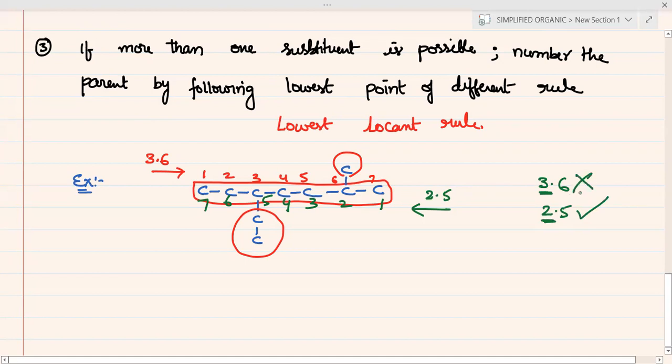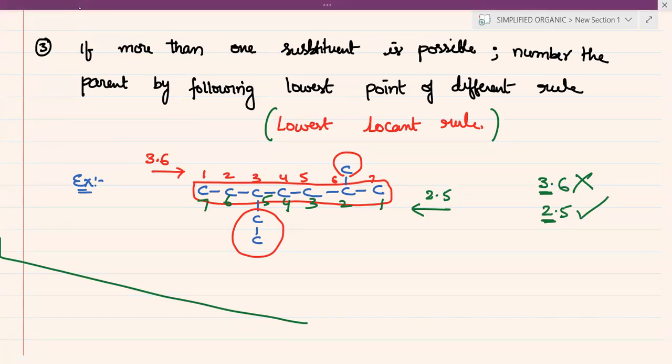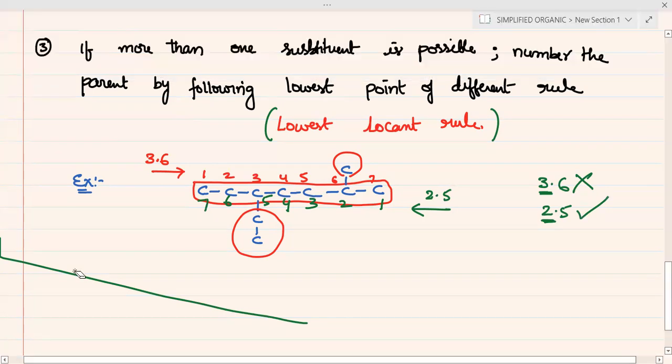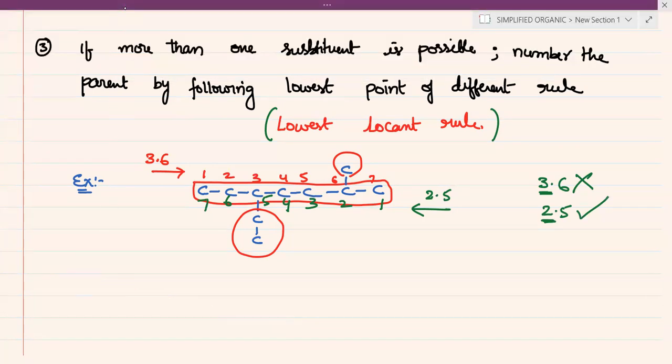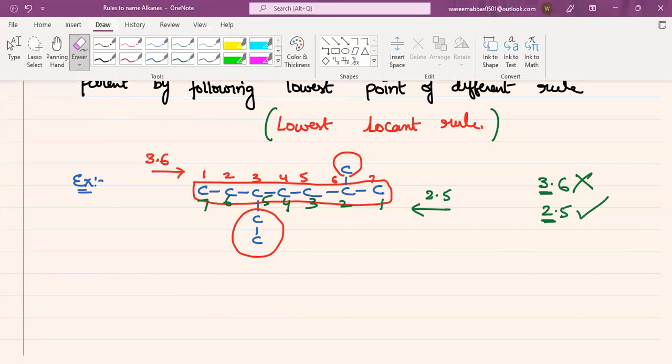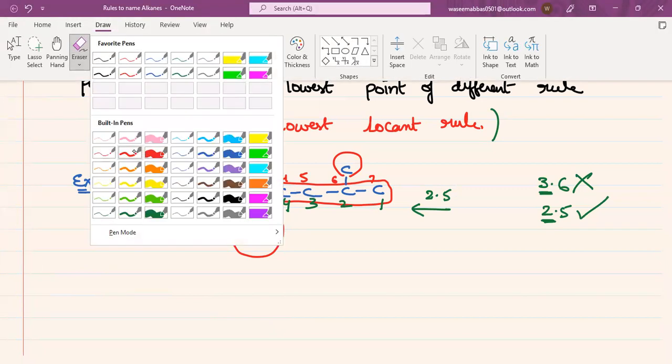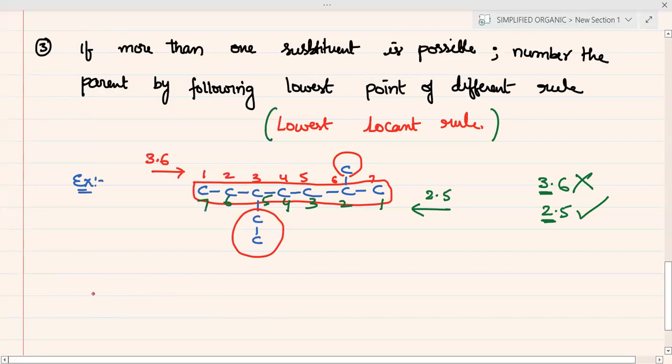Once again, this is called the lowest locant rule, where you have to check the locants of the substituents. I want to make one point clear here: the lowest sum rule is not valid now.